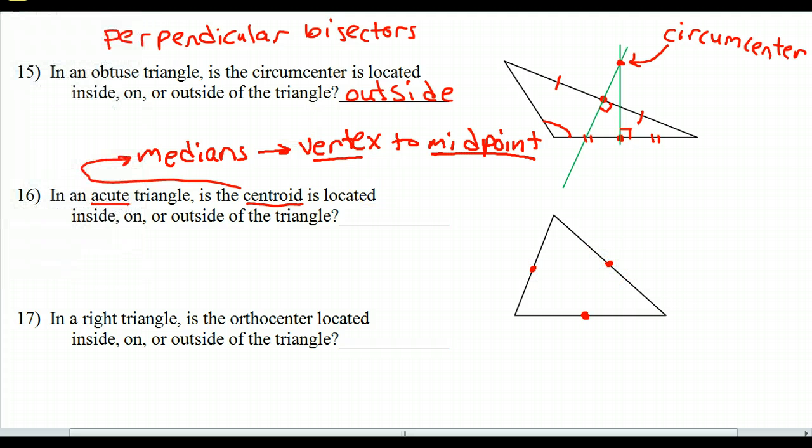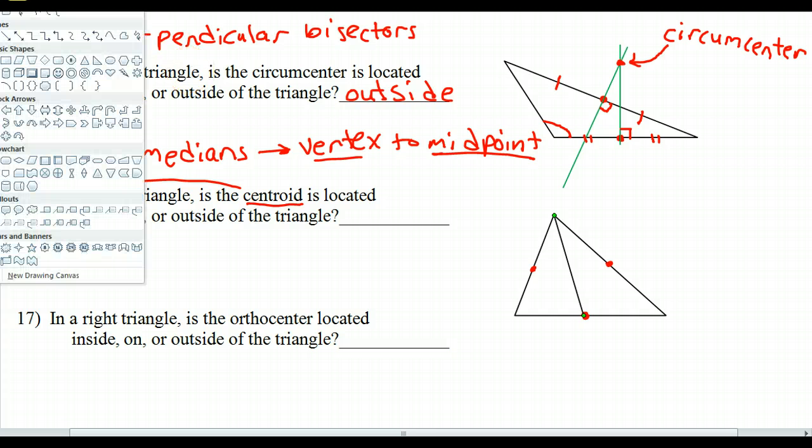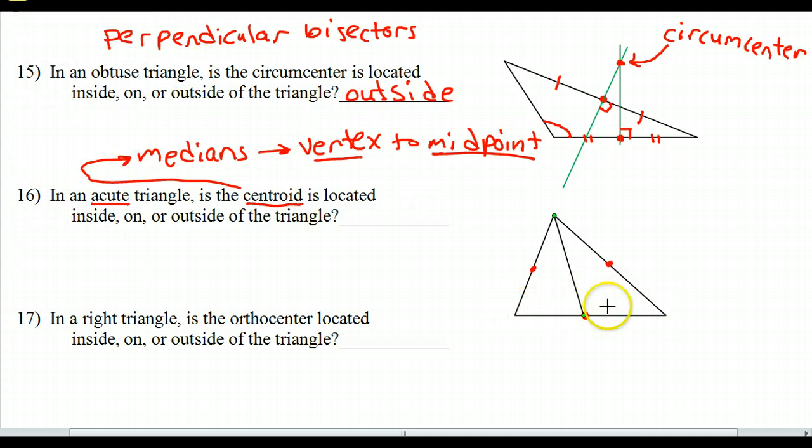So if I draw some medians right now, vertex to a midpoint, vertex to a midpoint. Okay, I can already see that these are meeting inside the triangle. Okay, inside. So this would be the centroid right here. Okay, and it is clearly inside this acute triangle.